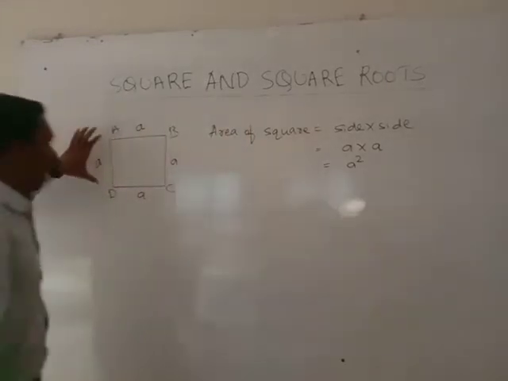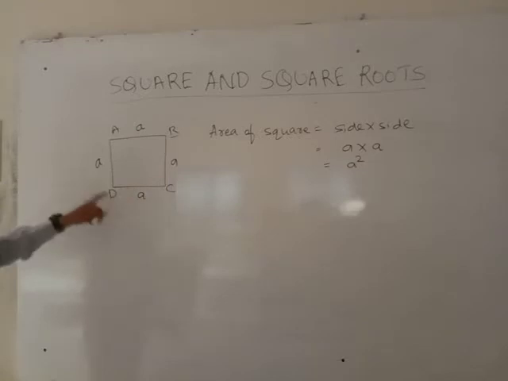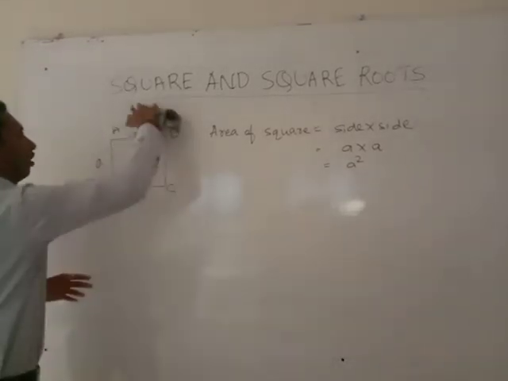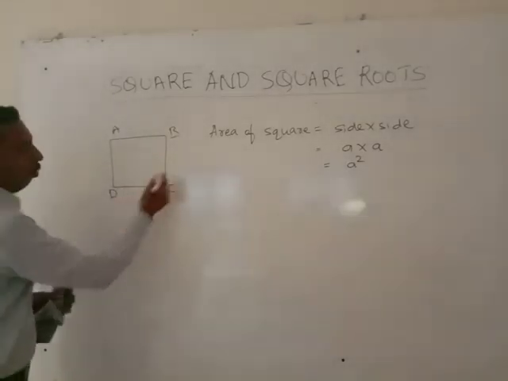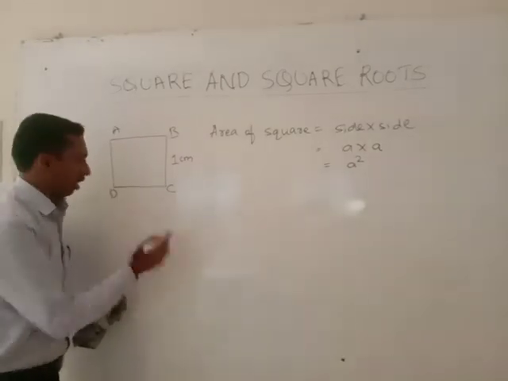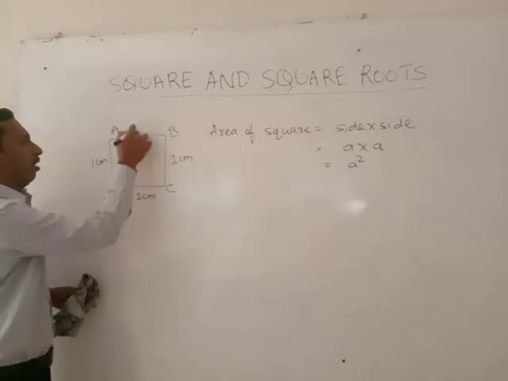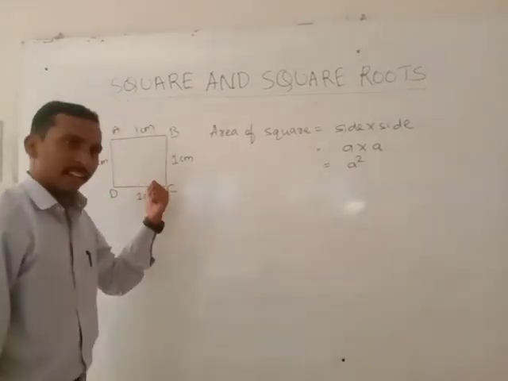Now if the sides of the square AB, BC, CD and DA are each 1 centimeter, can you find the area of this square? Yes.